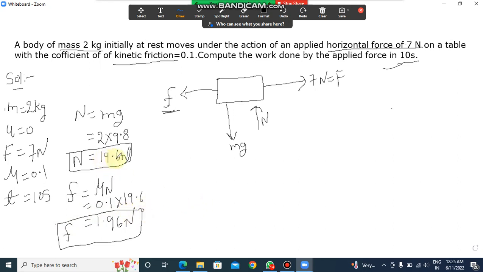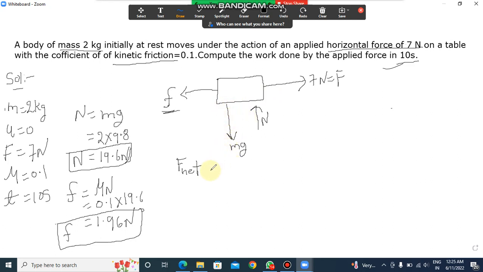Now we have calculated both the normal and the frictional force. We will calculate F net, because we have to find the acceleration of the body. For that we have to find the total force on the object.